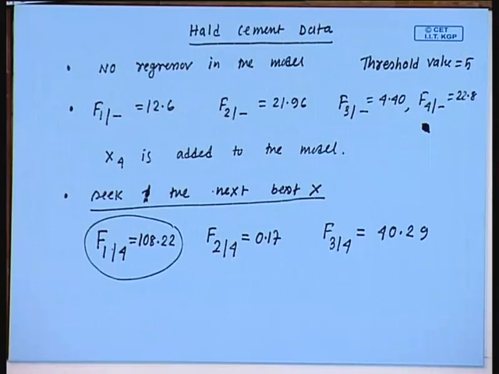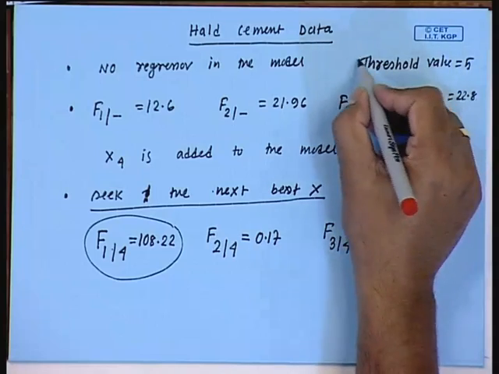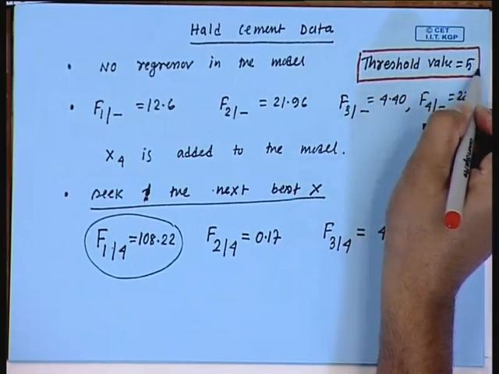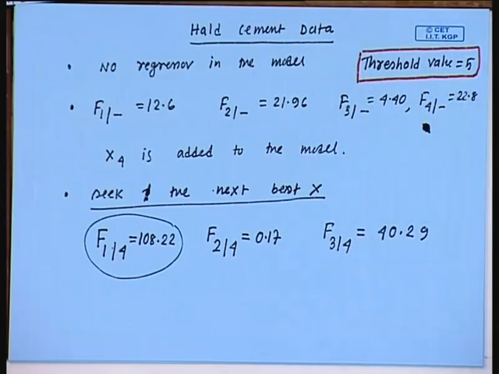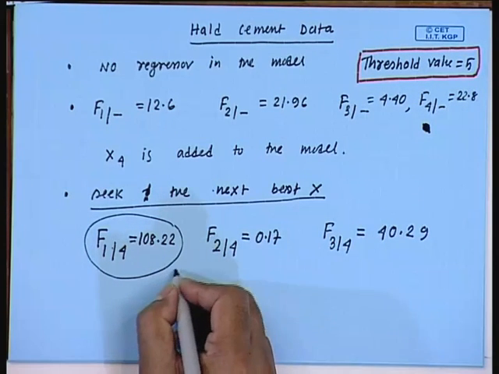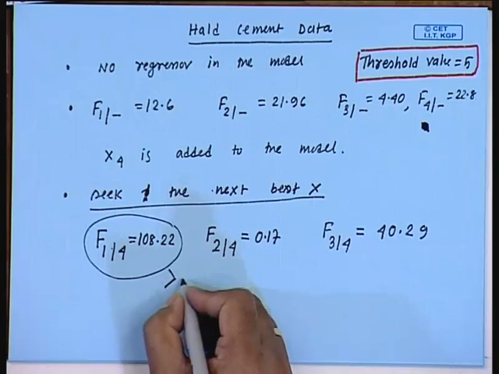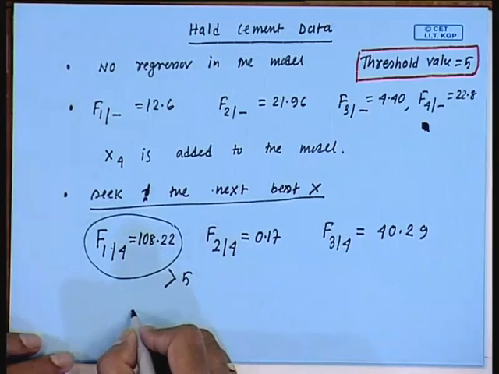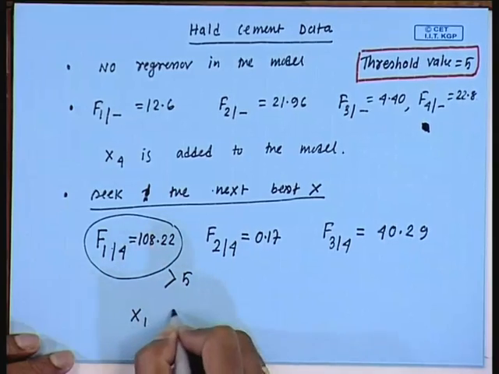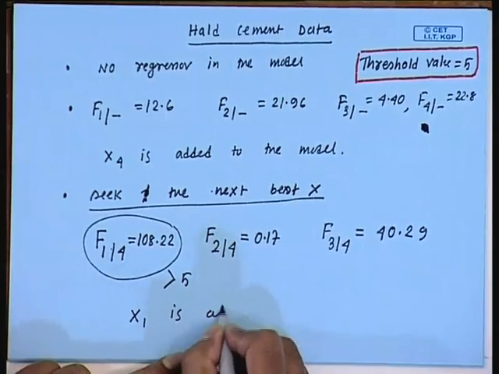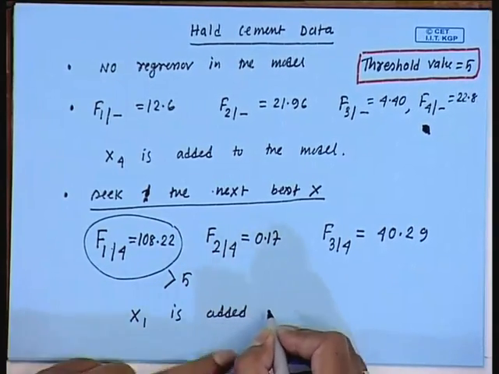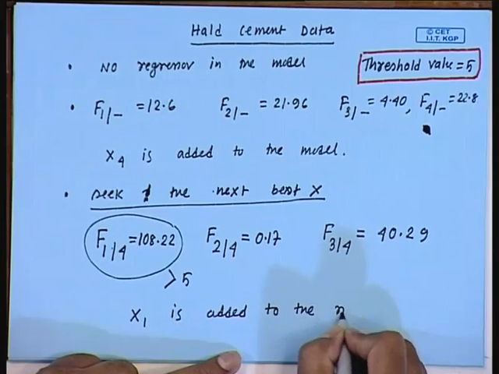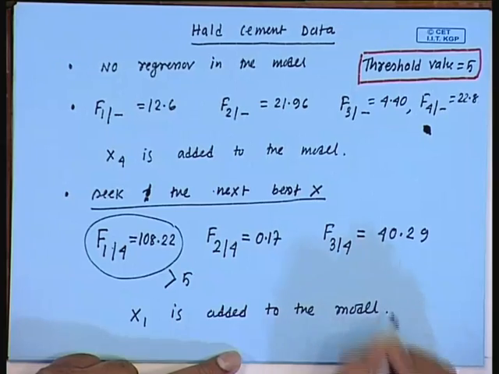We do not want to check the tabulated value every time, and since this is greater than the threshold value 5, x1 is added to the model.